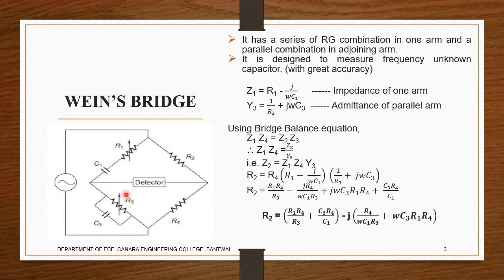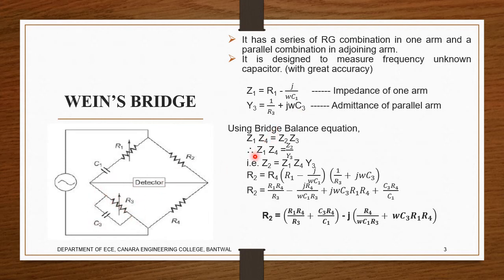G is the conductance, the inverse of the resistance, and Y is the reciprocal of the impedance. So Y3 is equal to 1 by R3 plus j omega C3.